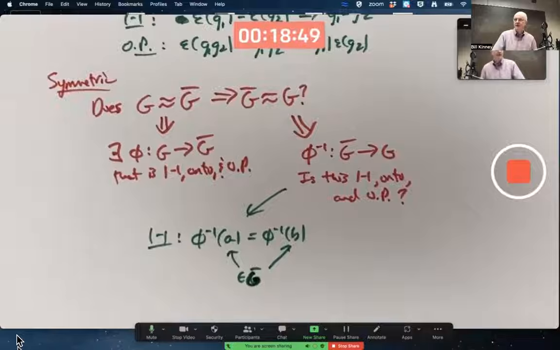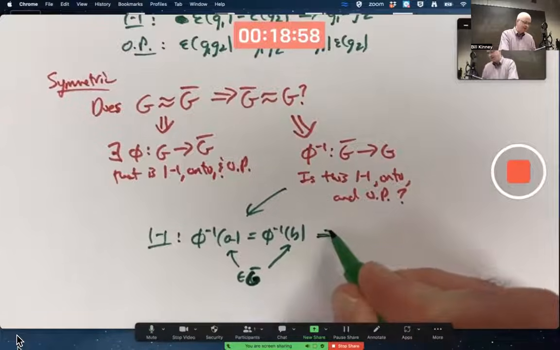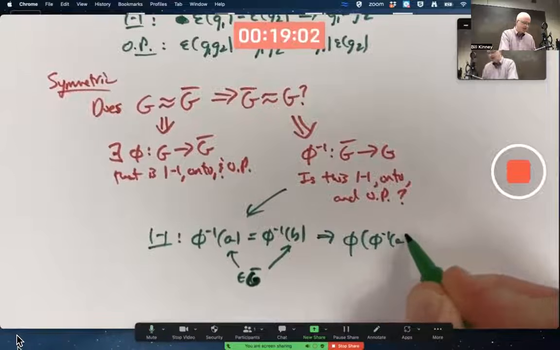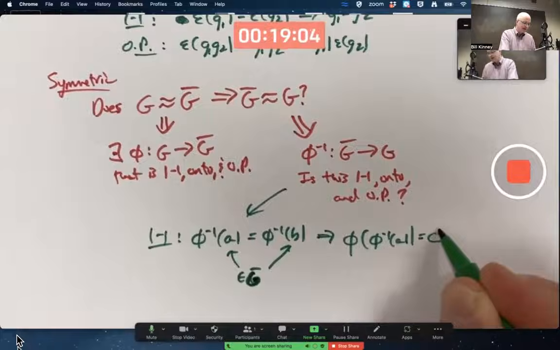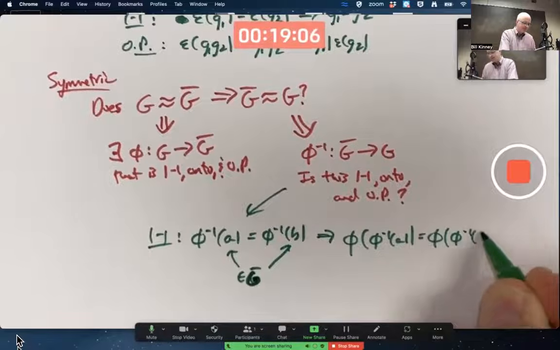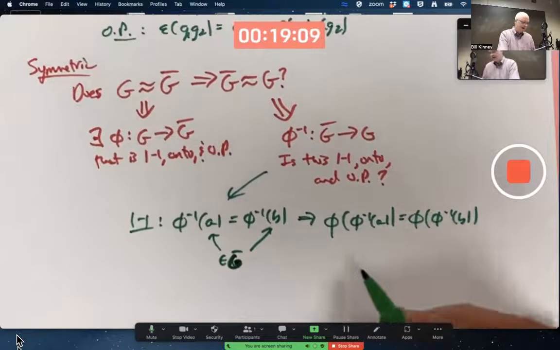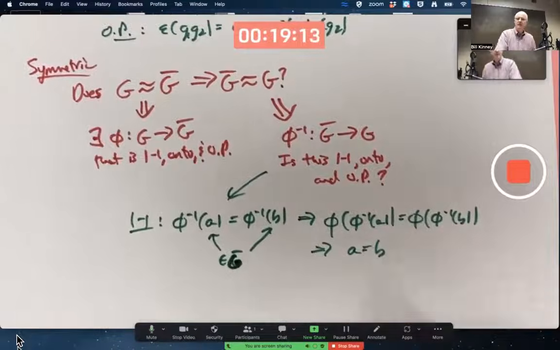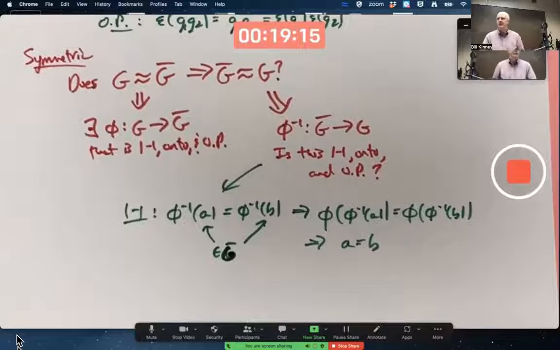In particular, when you compose phi with phi inverse, they undo each other. That's the key thing to use here. Effectively, apply phi to both sides. Plug both sides into phi. Since phi and phi inverse are inverse functions, that implies A equals B, by definition of what an inverse function is.